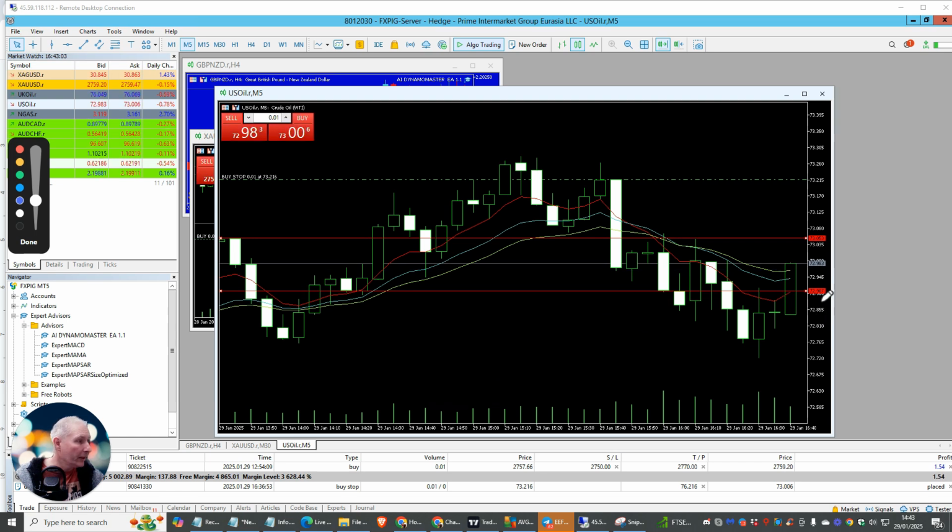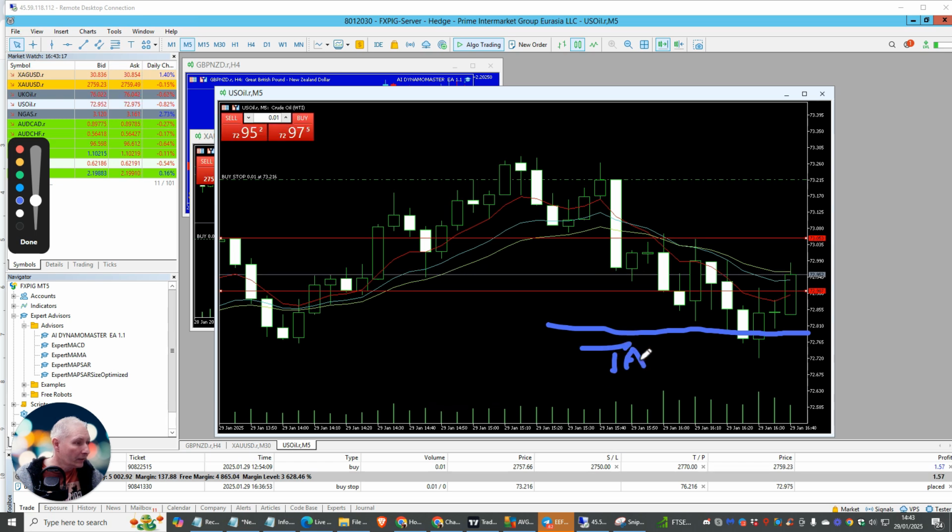Okay, so what we're looking at is 72907. So we're going to end this trade at 72820, which is going to be roughly somewhere around about here. Okay, so this is going to be our take profit margin. This line here is our stop loss.